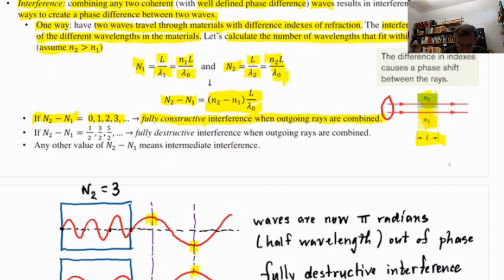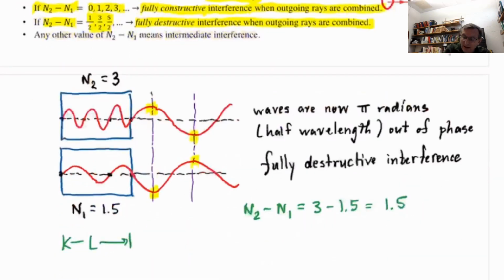On the other hand, if the difference big N2 minus big N1 is 1/2, or 3/2, or 5/2, an odd integer multiple of 1/2, then the waves are lined up crest to trough. And when you combine them, you get fully destructive interference. And that's what my picture showed, right? Big N2 minus big N1 was 1.5.